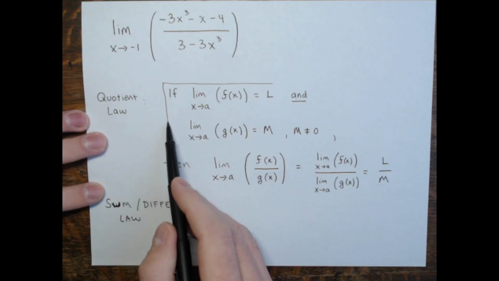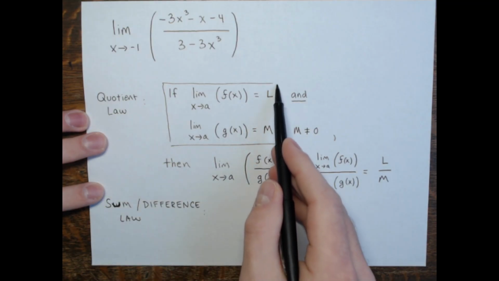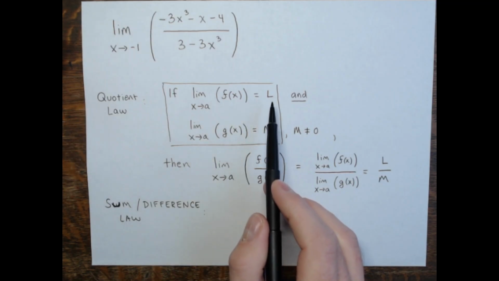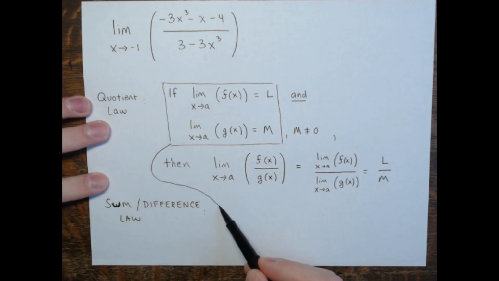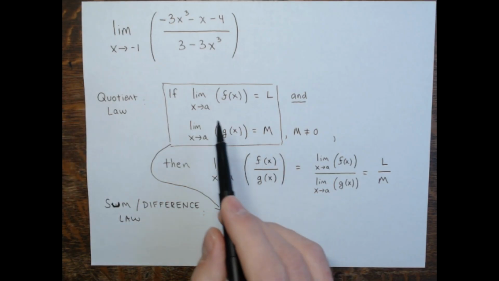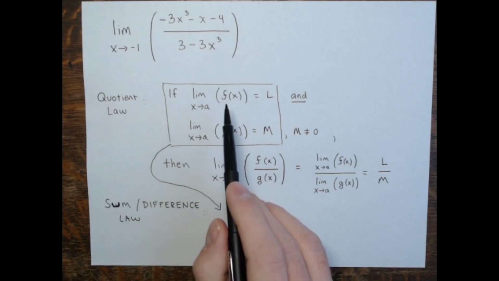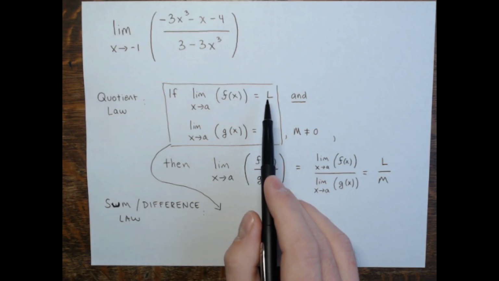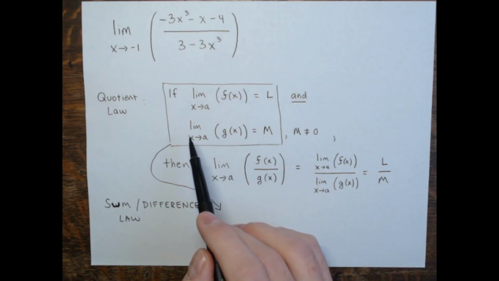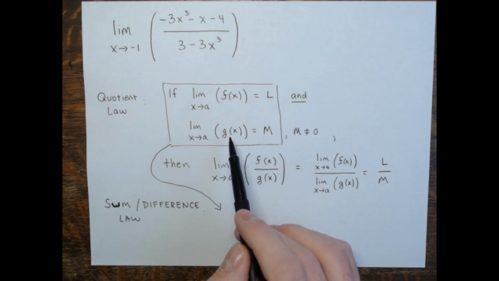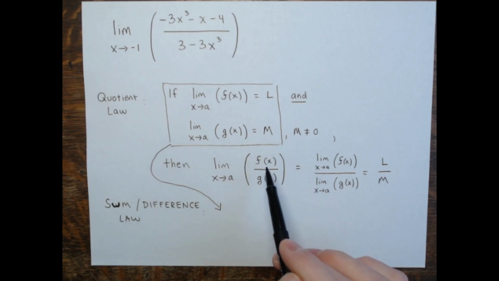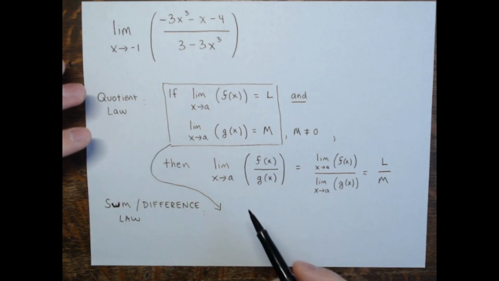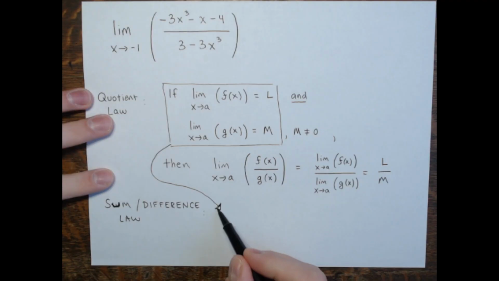If you have two expressions whose limits exist, so the limit as x approaches a of some f expression is L, and the limit as x approaches a of some g expression is m, where this time m could be 0. The only reason m couldn't be 0 in the last one was because it was in the denominator. But when we're doing sums and differences, it can be 0.